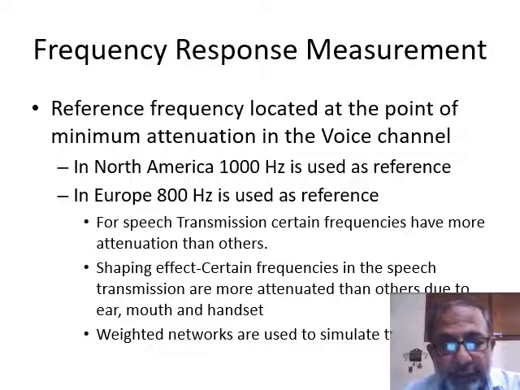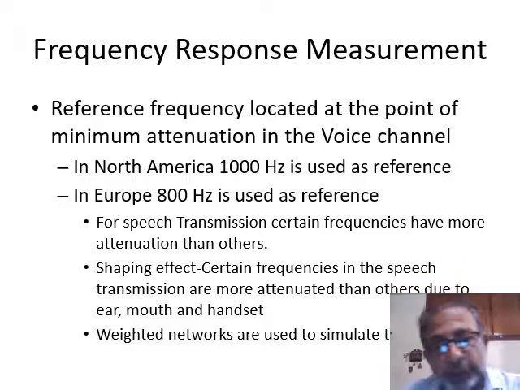To simulate this different response, we use weighted networks. What is a weighted network? In a weighted network, we intentionally give a certain amount of attenuation to some frequencies and a lesser amount of attenuation to other frequencies, and engineer and design it. Such systems are called weighted systems.